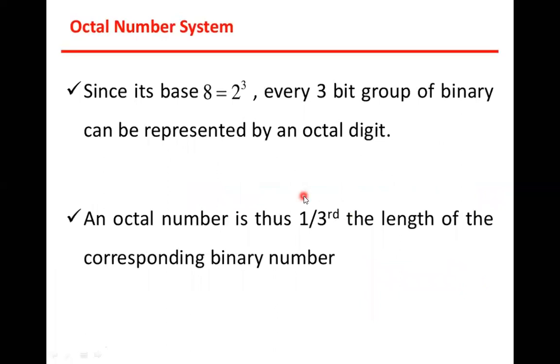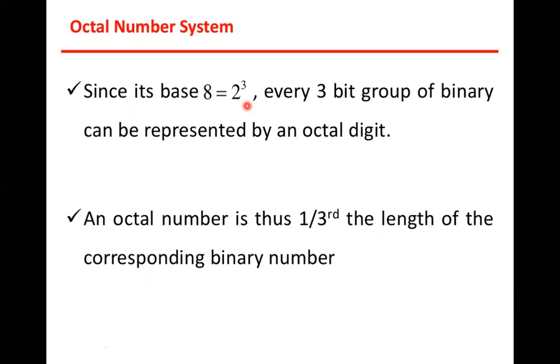Since its base is 8, that is nothing but 2 to the power of 3. Every 3-bit group of binary can be represented by an octal digit. We have to remember this when we convert a binary number into an octal number.